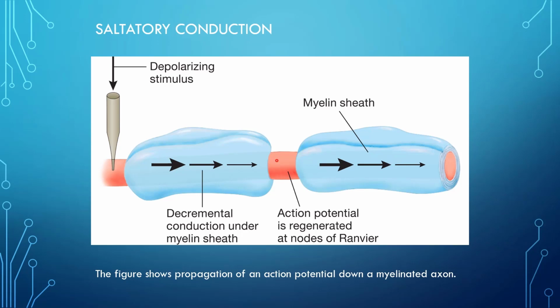So what they do is allow kind of a miniature action potential, I guess is one way you could think about it, or a regeneration of the action potential by adding more sodium ions behind it. They're pushing it further and further down the axon in order to allow it to go.